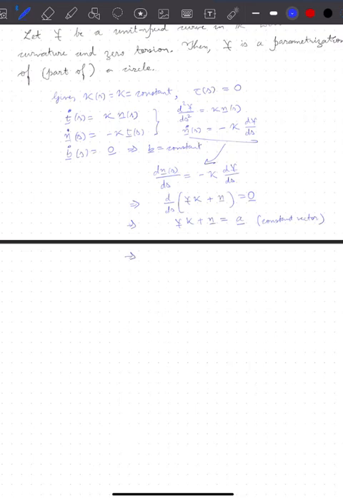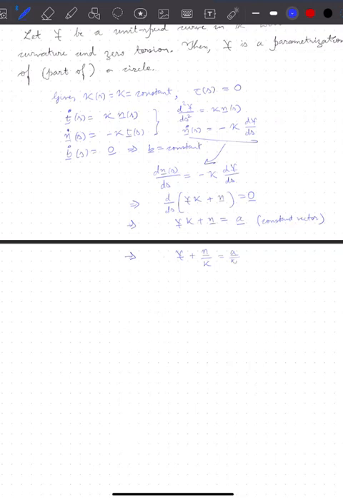Then this implies that gamma vector plus n vector by kappa is equal to a vector by kappa, since kappa is constant.